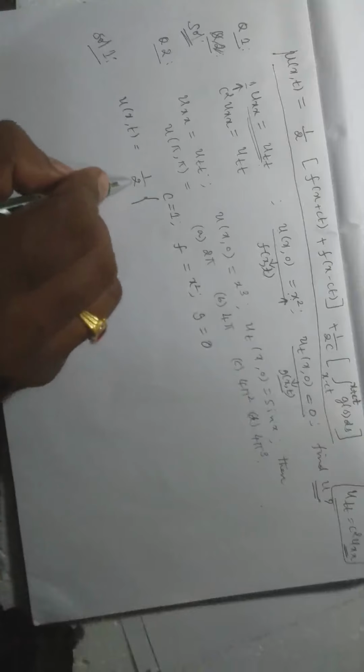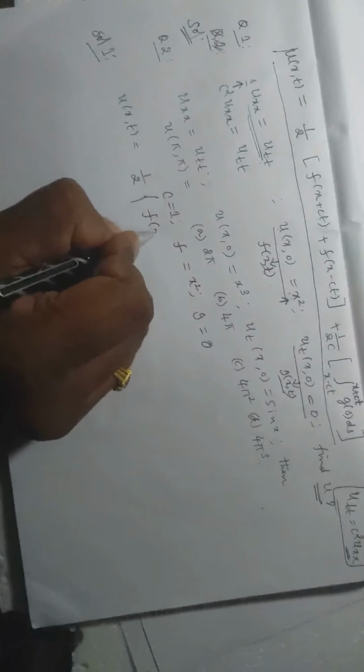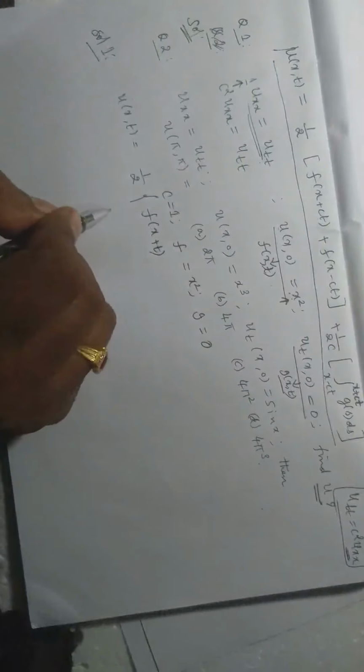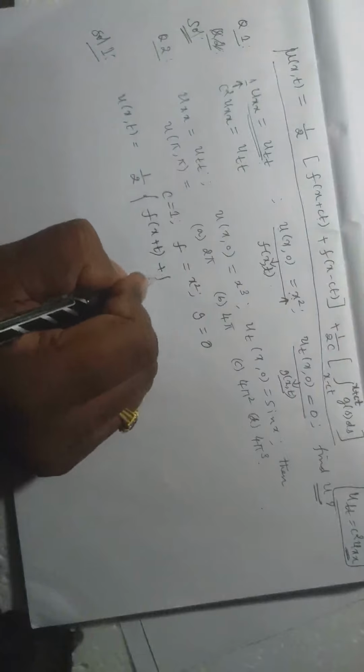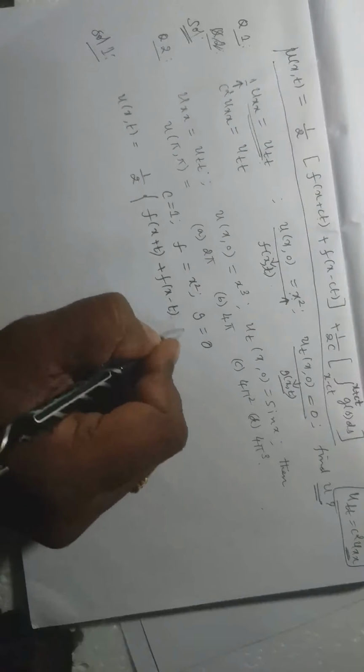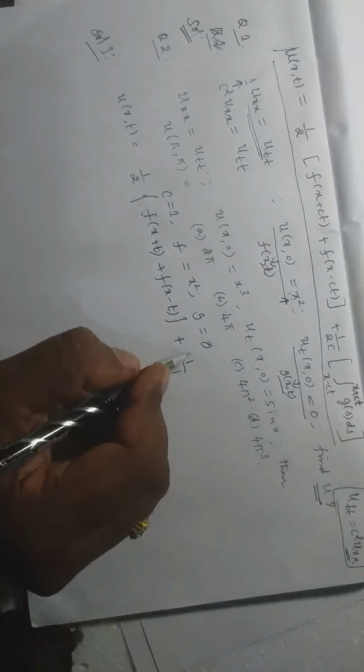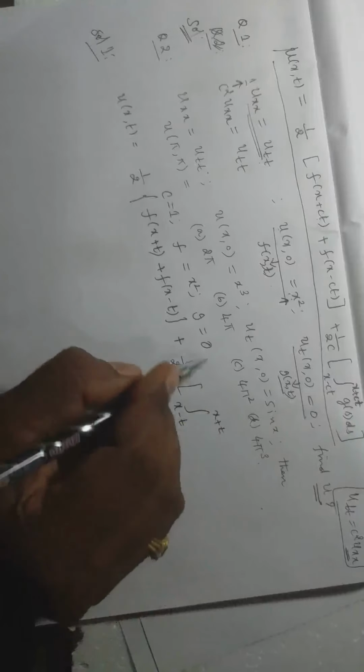So half of f of x plus ct, that is f of x plus t, c is 1, plus f of x minus t, plus 1 by 2 into c, which is 1, integral from x minus t to x plus t, g is 0, so 0 into ds.